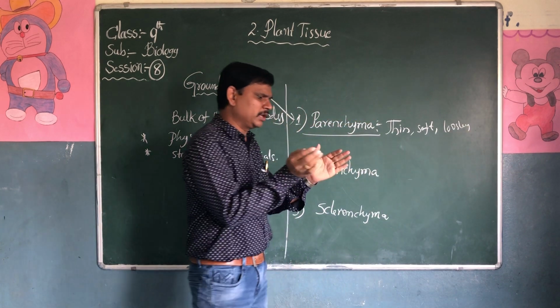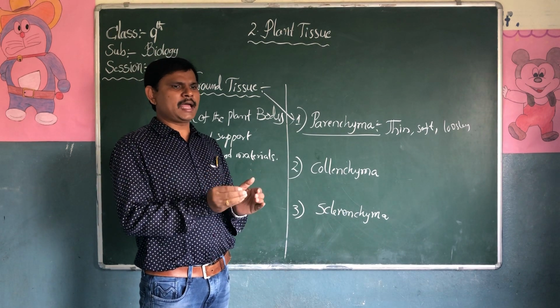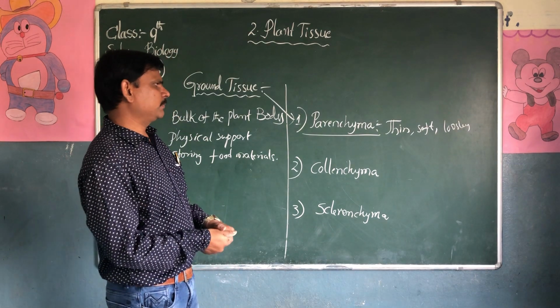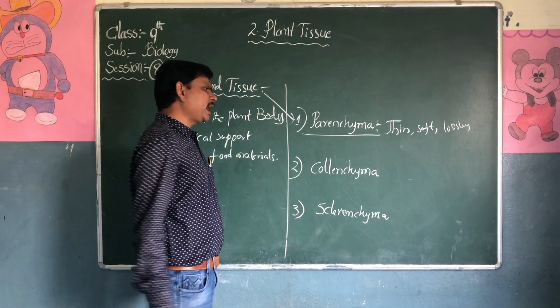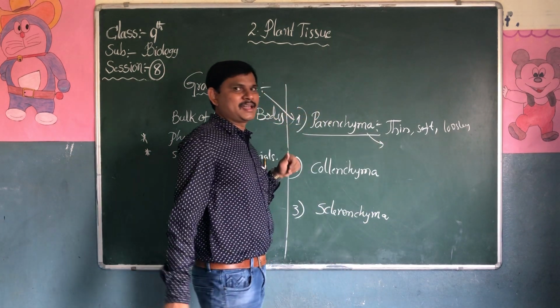The cells are very loosely packed in parenchyma, which means there is a gap between one cell and another. In parenchyma there are again three different types.